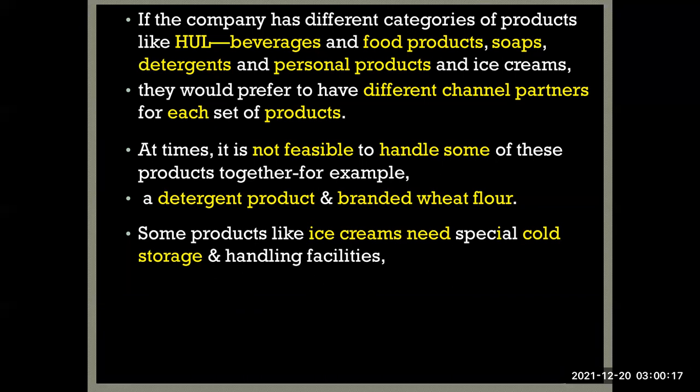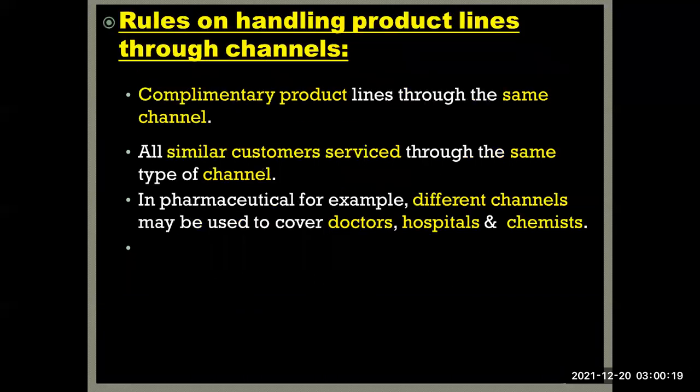Some products like ice cream need special cold storage and handling facilities. So for that also we need a different type of distributor. Rules on handling product lines through channels: complementary product lines should go through the same channel, so those products which support each other should go together.